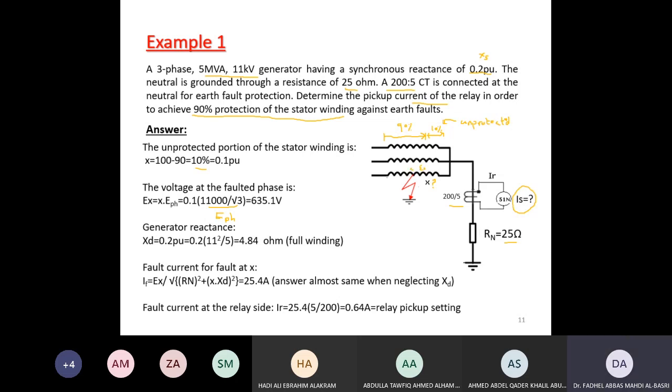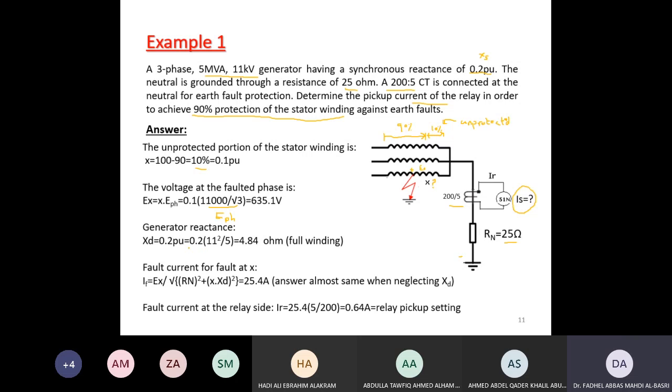From that point to ground, the generator reactance is, because I have 10% only of the winding, 10% of the reactance, which is 10% of 0.2.